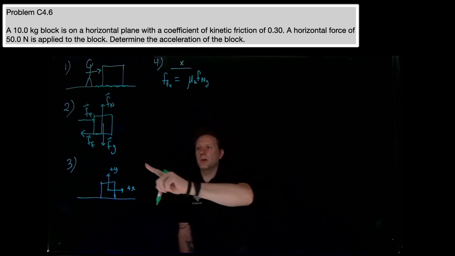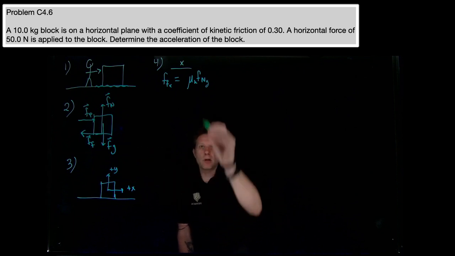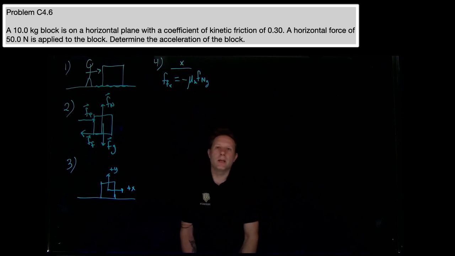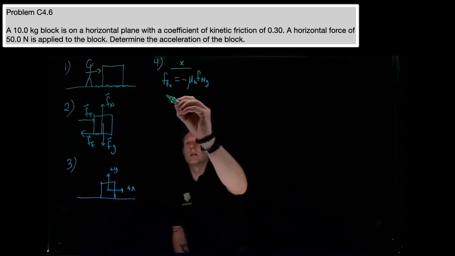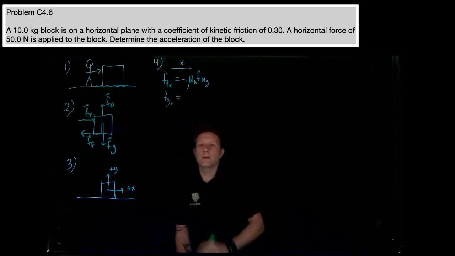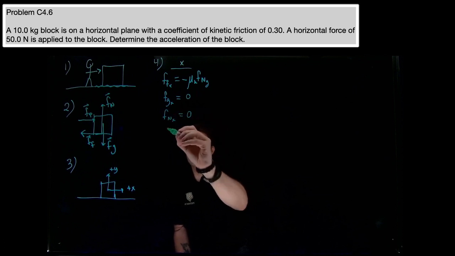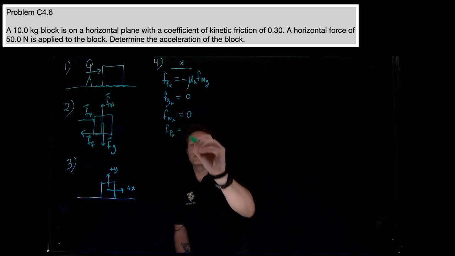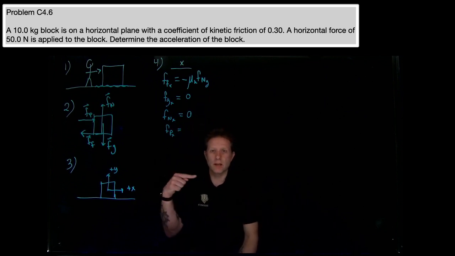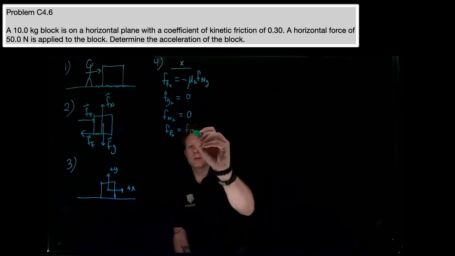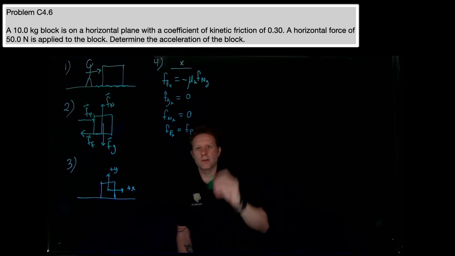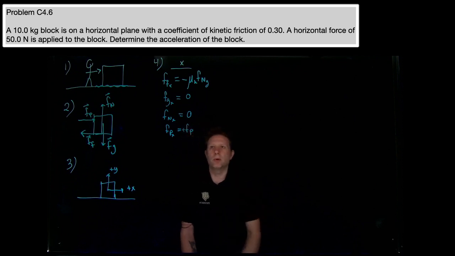We can also see from our reference frame and the free body diagram that this must be a negative component. For the force of gravity, it has no x component, so that is simply 0. Our normal force, similarly, is also 0. And then we have our pushing force, which is directed in the x direction, and as such, it is simply the magnitude of that force itself, in the positive direction, so we can put a positive on there.